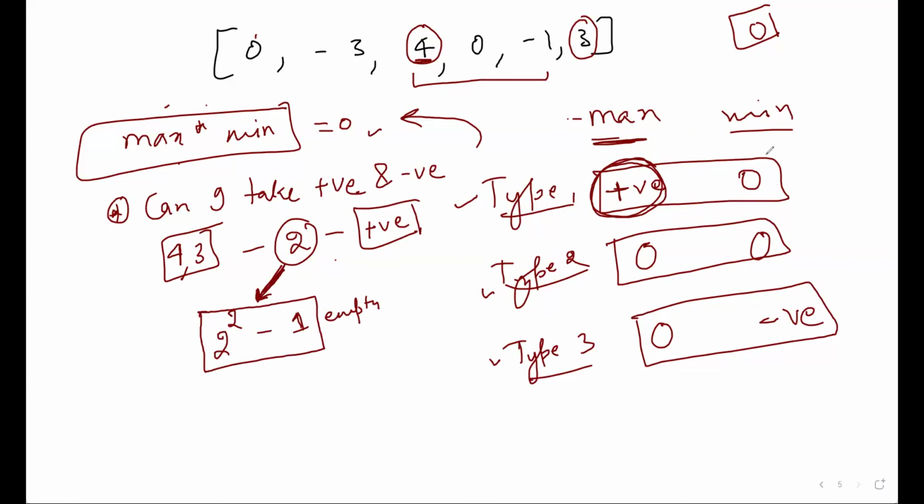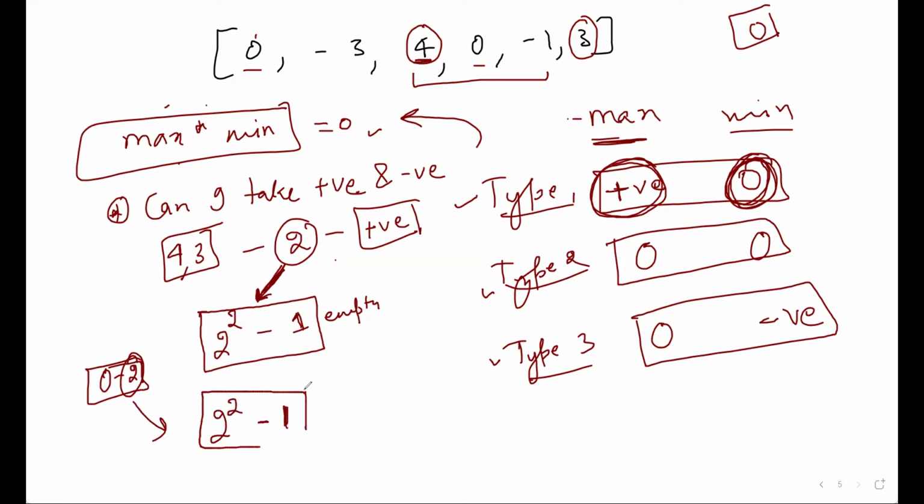How many zeros are there? Zeros available are 2. In your subsequence, you want at least one zero. Here, zero occurs two times. How many subsequences can you have for that? You can have 2 to the power 2 subsequences, and you need at least one zero, so you need to avoid the empty subsequence.